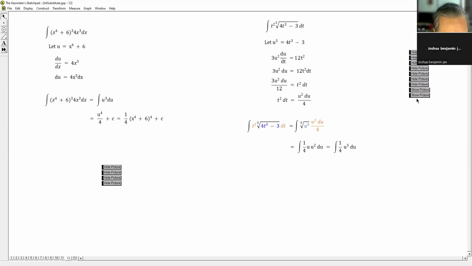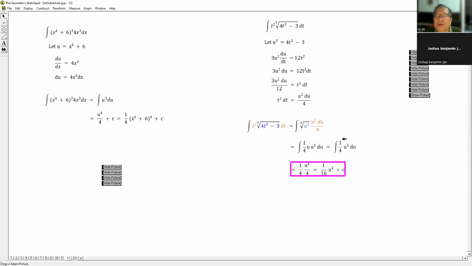Integrate u cubed becomes u to the power 4, divided by 4.